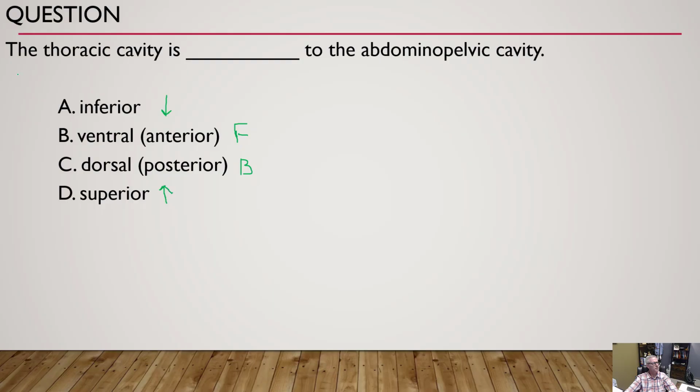So your thoracic cavity is blank to the abdominopelvic cavity. Your thoracic cavity is above the abdominopelvic cavity, so you would say the thoracic cavity is superior to the abdominopelvic cavity. You're going to have to know your definitions in relationship to other reference points.